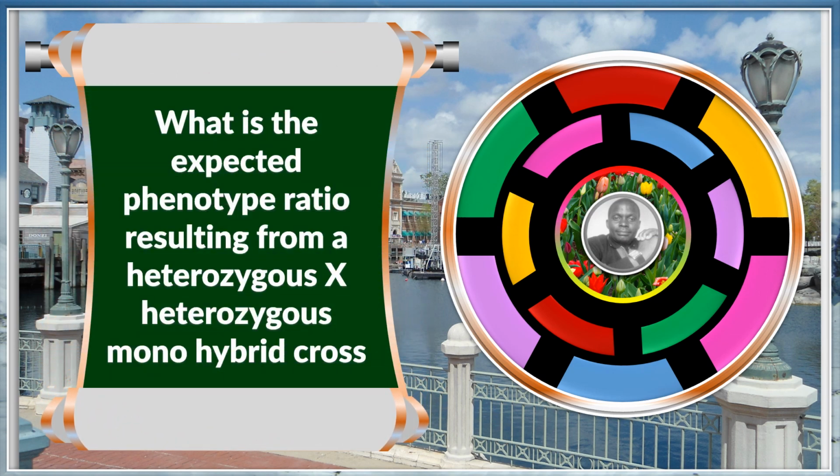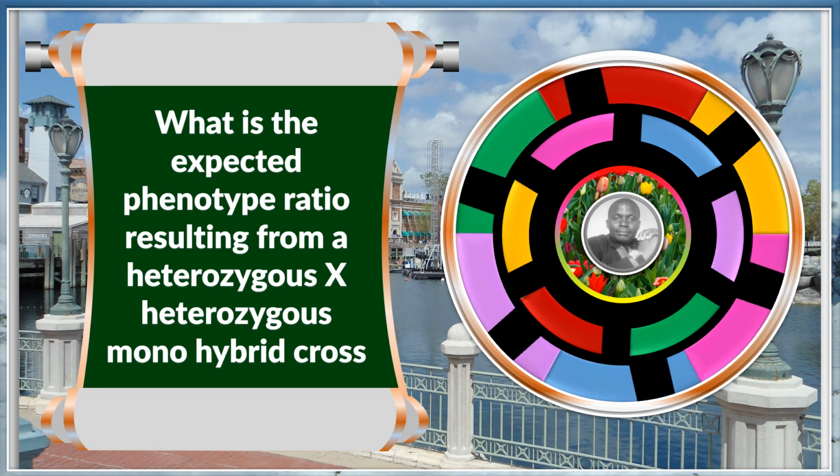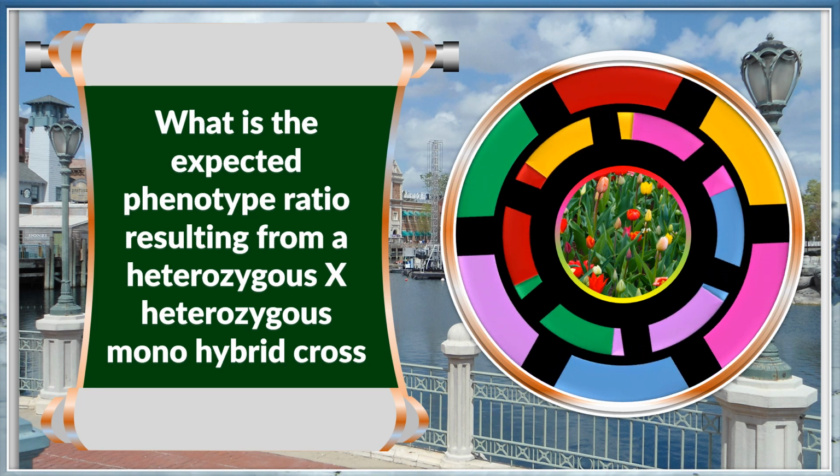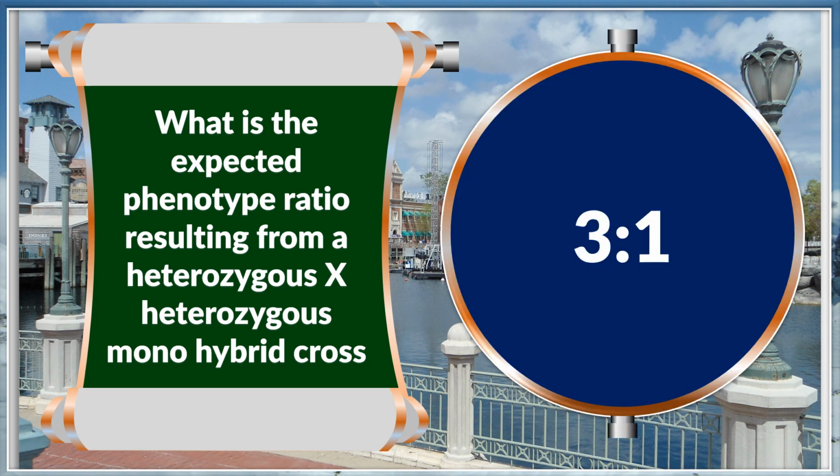What is the expected phenotype ratio resulting from a heterozygous multiplied by a heterozygous monohybrid cross? Three to 1.